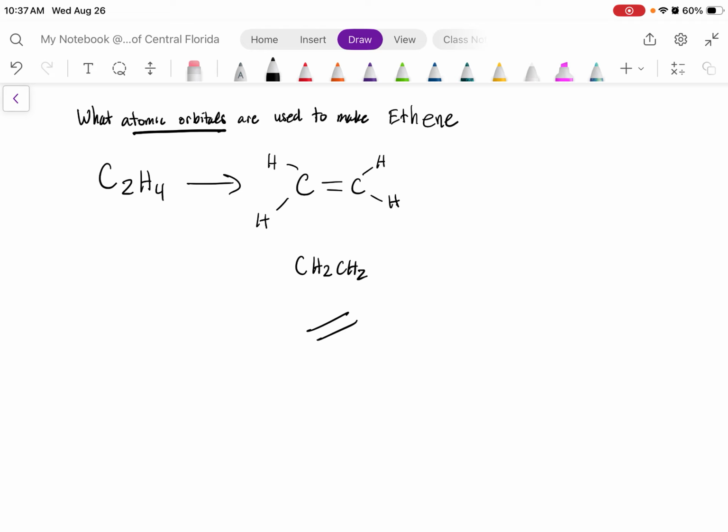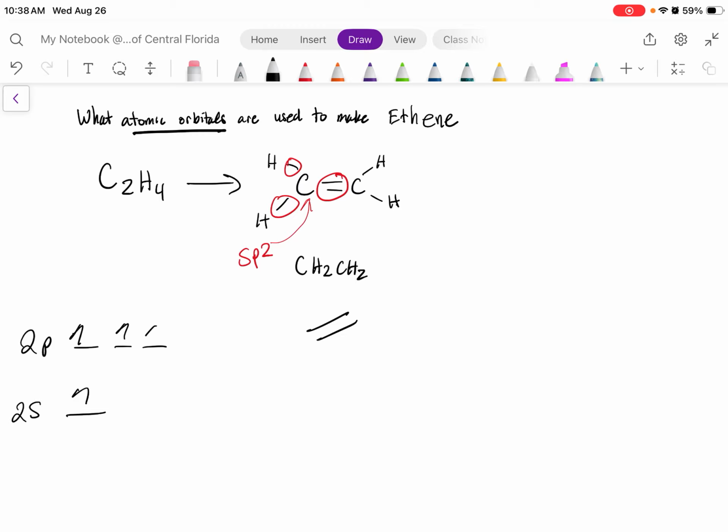So the first thing that we need to understand here is what is the hybridization state of that carbon. And when we take a look at that carbon, we see that there's one group, two groups, three groups. So that means that carbon right there has to be sp2 hybridized. So if we go back to the basics, that carbon in the ground state, we have a 2s orbital and a 2p like this.